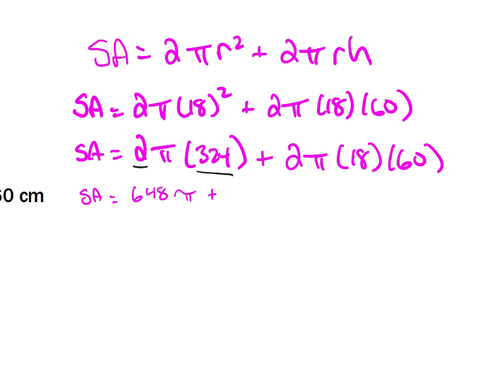And on the right side, 2 times 18 times 60. 2 times 18 is 36. 36 times 60 is 2,160. So this is 2,160 times pi.